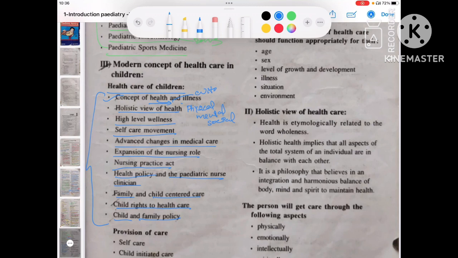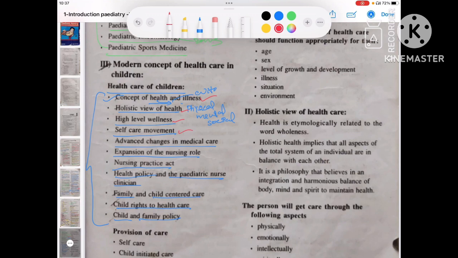First, we should know the concept of health and illness and provide holistic care: physical, mental, social, and high level wellness, self-care movement. If the child is not able to move, we have to give the care.